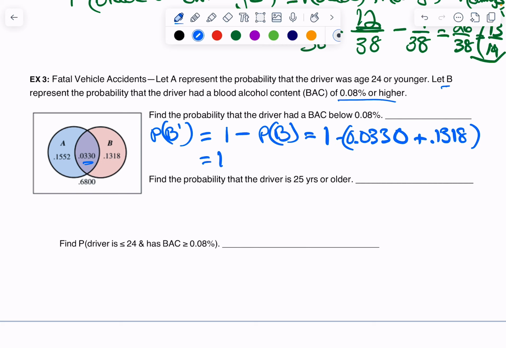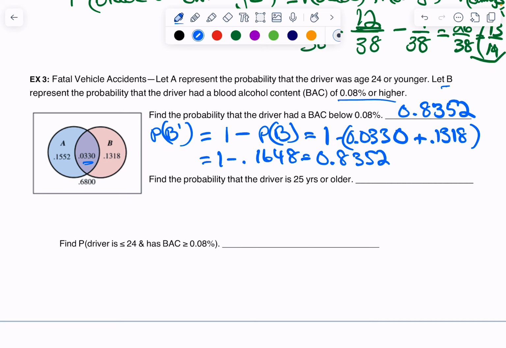So 1 minus 0.1648, which is 0.8352. So the probability is 0.8352. So every time we take a complement, we do 1 minus the probability.